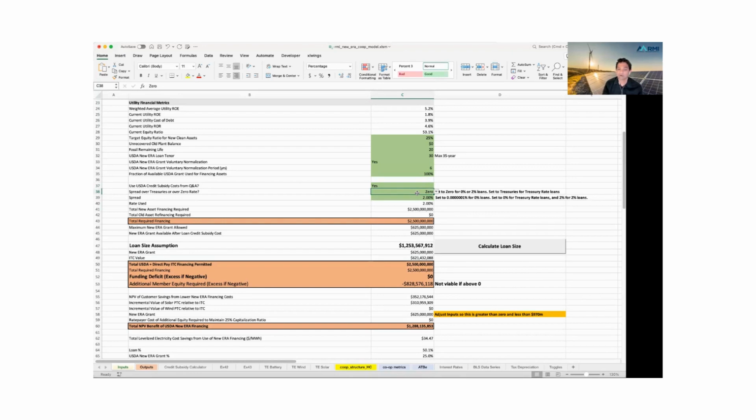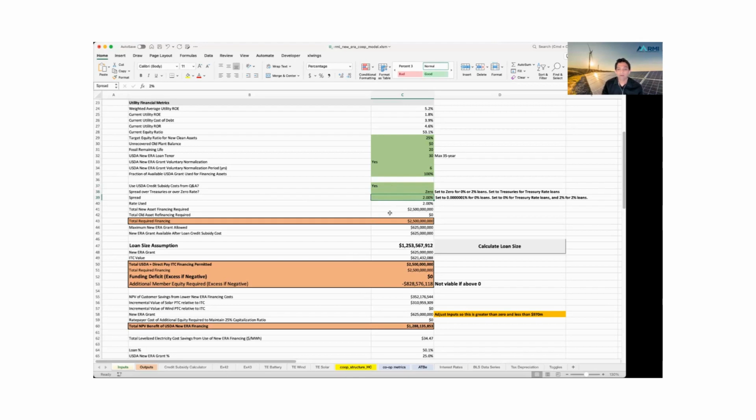If you click yes here, the treasury rate loans will appear, according to the most recent Q&A, to be quite expensive, as they are considered to be just as expensive as the 2% spread loans. But that's our default, that we'll use the Q&A. In order to choose a 0 or 2% loan, you should set 0 in the spread over treasuries and then choose either 0 or 2% as the spread here.